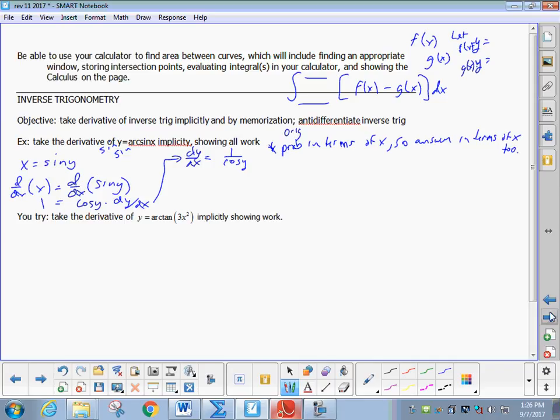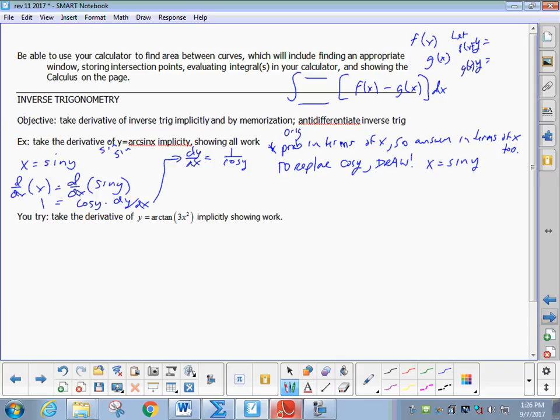So that means I need to take cosine y and dump it and replace it with something x-ish. To replace cosine y, you are going to draw. What do you draw? Draw x equals sine y.